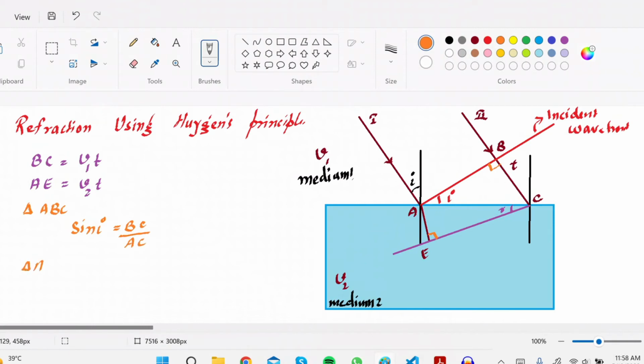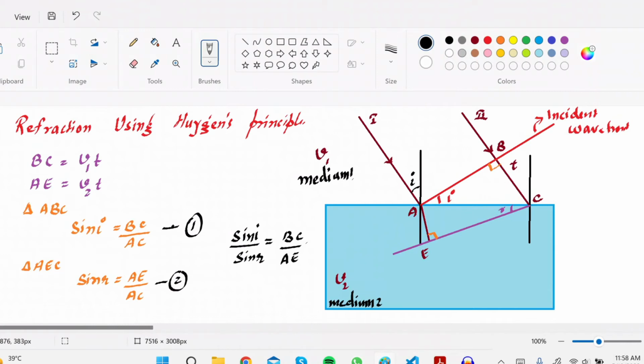Next is triangle AEC, sine R will be equal to AE, the perpendicular, over hypotenuse, which is AC. Then if I divide equation 1 with equation 2, I will get sine I upon sine R, that will be BC upon AC and AE upon AC. AC cancels, you are left with BC upon AE.